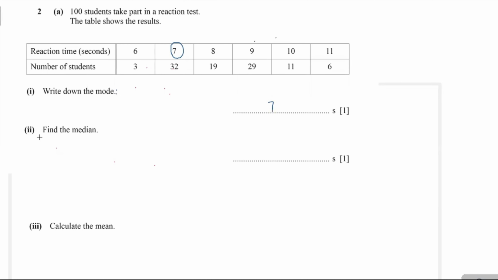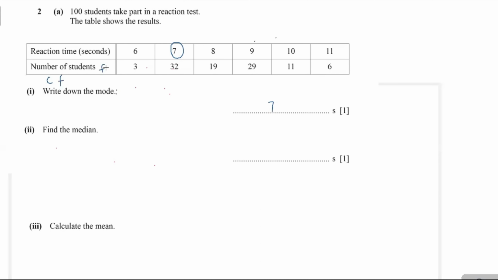Now, second part, find the median. Median is the middle value of the data. You see here, total number of data is 100 because the 100 students' reaction time is given here. Now firstly we form the cumulative frequency.